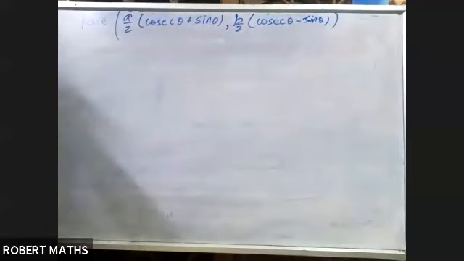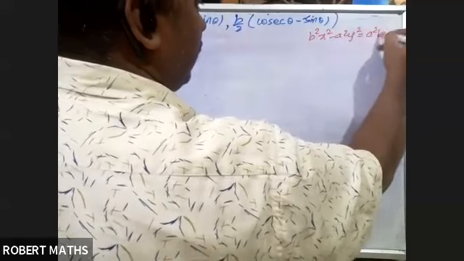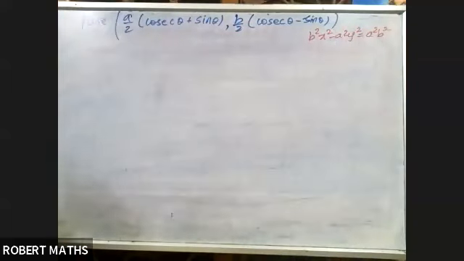Theta is a variable parameter. Show that the equation of the locus of P is b square x square minus a square y square equals to a square b square.